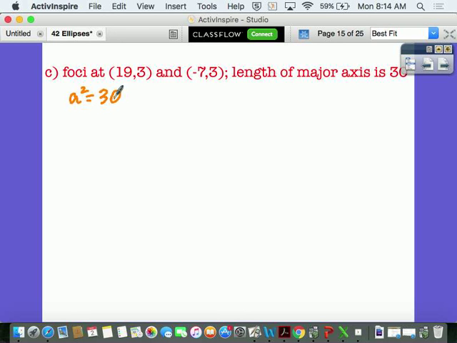So from 19, 3 to negative 7, 3, well, wow, that's a really big distance. And so that's going to be 26. Okay? That's going to be 26. So the foci length, you divide that by 2 and you get 13.